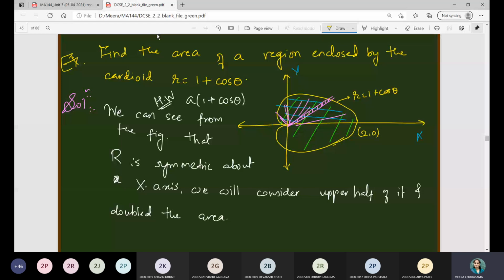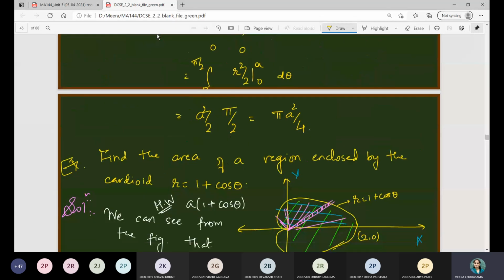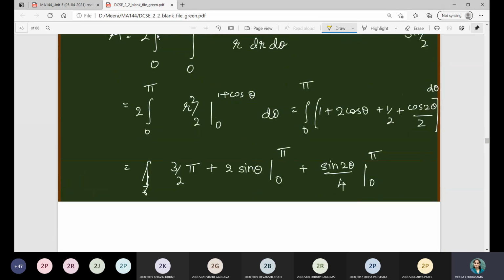We left with the volume part. We have seen the area using double integration, but now we will see how to find the volume using triple integration. First I will consider that one, and then we will start with the improper integral.